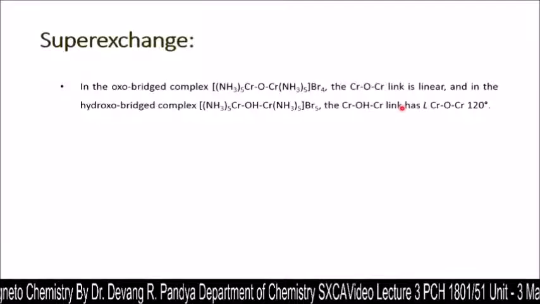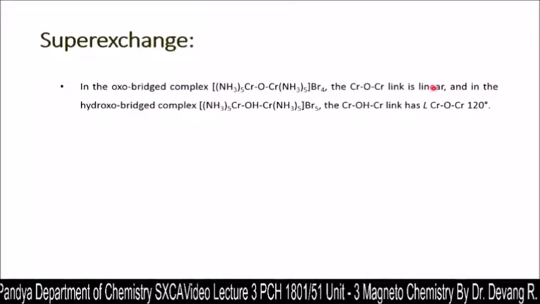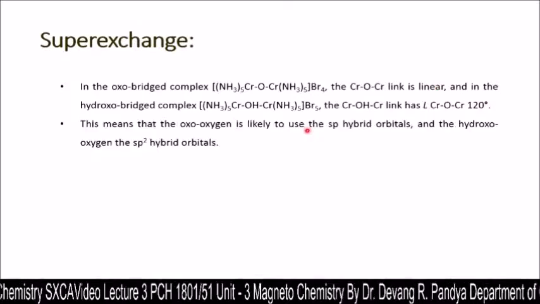Here is the chromium-oxygen-chromium of the oxo bridge, and here the oxygen is of the hydroxide bridge. So this one is linear, that means a bond angle of 180 degree. Here this one has 120 degree. This means that the oxo-oxygen is likely to use sp hybrid orbitals and the hydroxo-oxygen the sp2 hybrid orbitals.